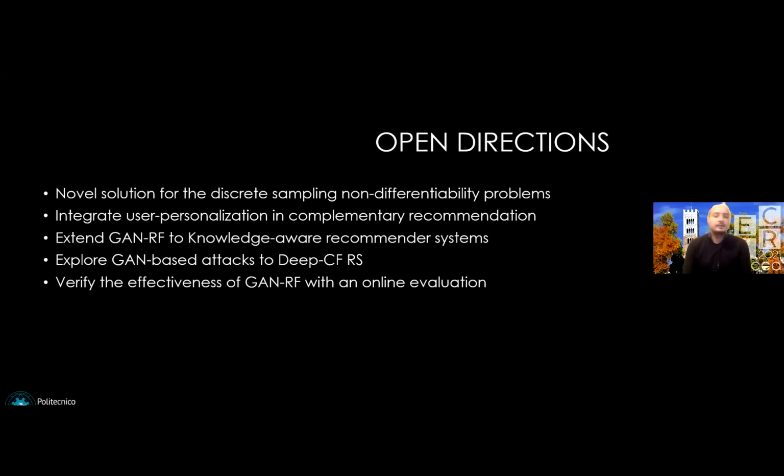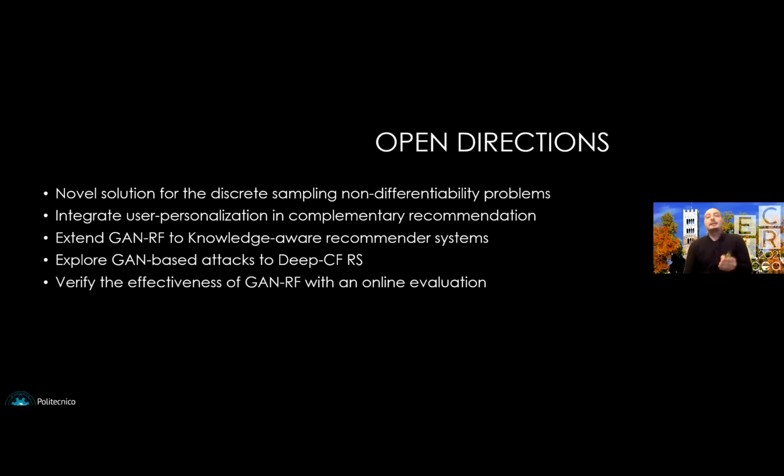Beyond these problems, there are a lot of domain-agnostic research problems that are still open. For instance, we've seen a couple of solutions for the discrete sampling non-differentiability problem. But are there any other solutions out there? Could we find them? Moreover, we have seen that we can use GANs in fashion recommendation or complementary recommendation.